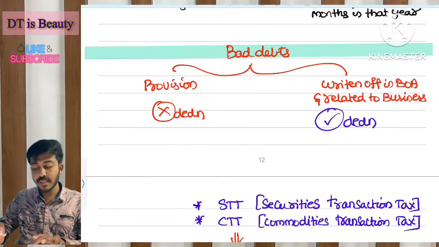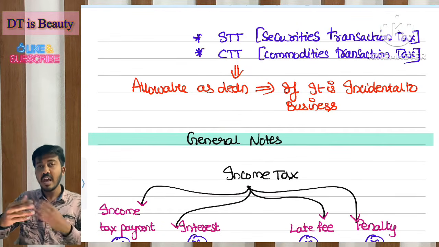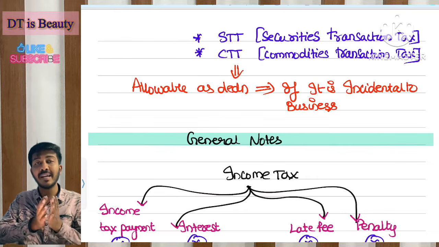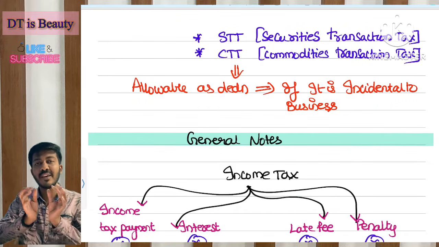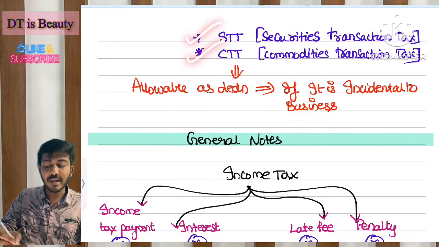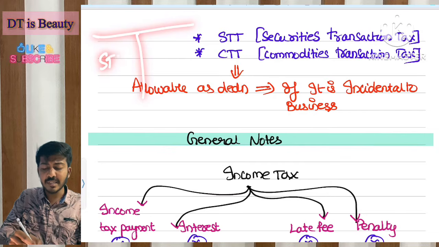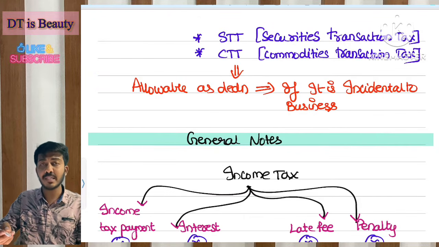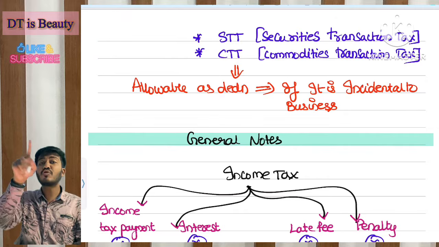Come to the next concept, securities transaction tax and commodities transaction tax. When you purchase and sell shares, they will impose certain tax, like how you are paying income tax, like how you are paying GST. When you are trading in shares or commodities, they will impose certain tax on you. It is called securities transaction tax or commodities transaction tax. Now in P&L, if they give STT and CTT, is that an allowable expense or not? Answer is it is allowable expense if your business is to trade in shares.